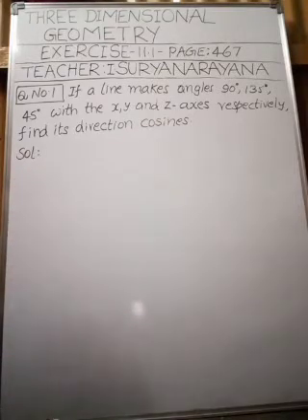In this question, direction angles are given, that is 90 degrees, 135 degrees and 45 degrees. We have to find direction cosines.